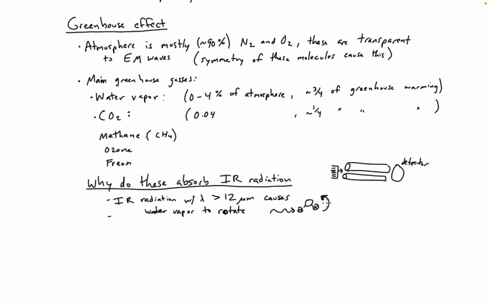So it gets the molecules moving more, which is what we know of as temperature. It's converting the energy from the photon: when it hits the water molecule, it disappears and the molecule starts moving. So we haven't lost any energy, we've just converted it. That's a big one. So for water vapor, electromagnetic radiation with anything larger than around 12 microns is going to get absorbed.